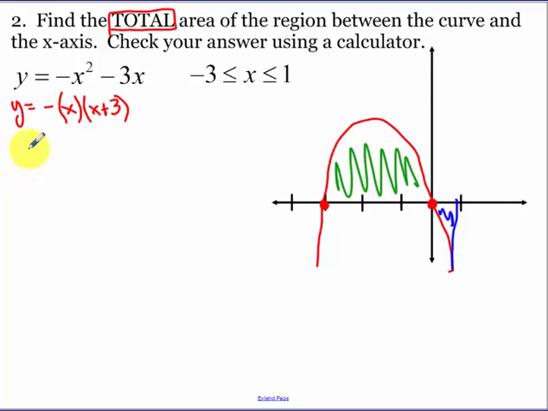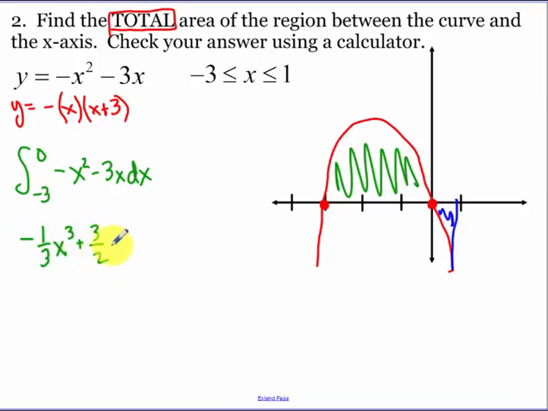So I'm going to find the integral from negative 3 to 0 of my function. Okay, so finding that area of that green, we have negative 1/3 x to the 3rd plus 3/2 x squared. I'm going to evaluate that from negative 3 to 0.